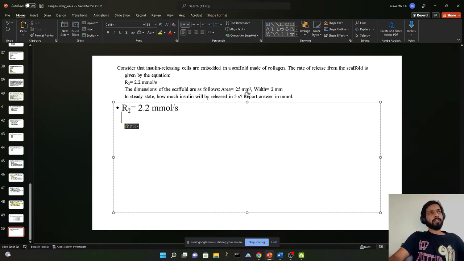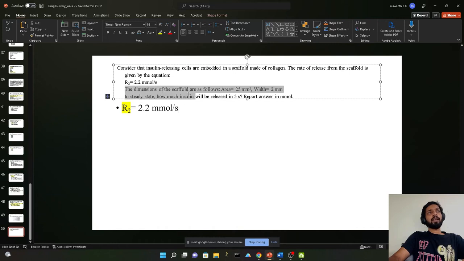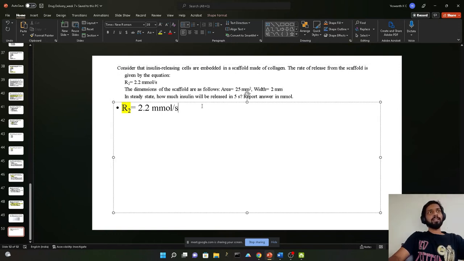They've given this rate, which they're calling R2, as 2.2 millimoles per second. The dimensions of the scaffold are: area is 25 millimeter squared, width is 2 millimeter. And they're asking, in steady state, how much insulin will be released in 5 seconds.